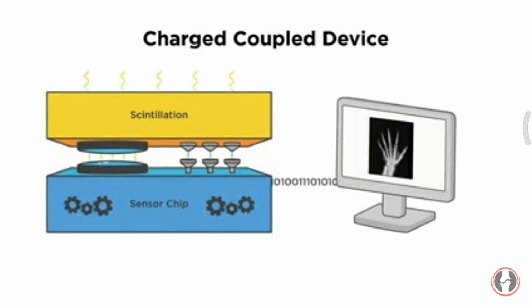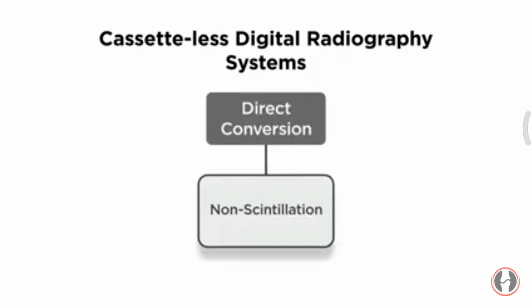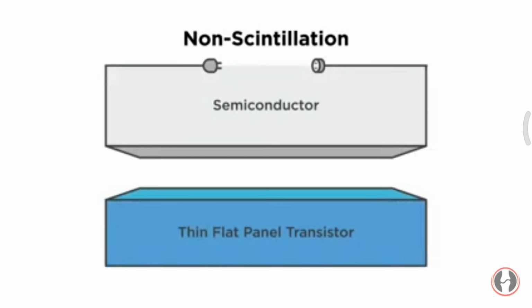The final cassetteless digital radiography system is the direct conversion radiography system, or non-scintillation system. This system is comprised of an amorphous selenium-based semiconductor and a TFT. This system works by applying a high voltage charge to the top surface nanoseconds before the X-ray exposure is made.